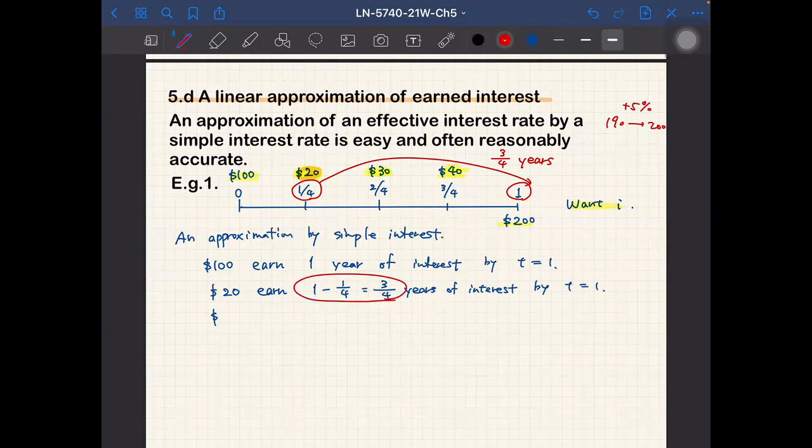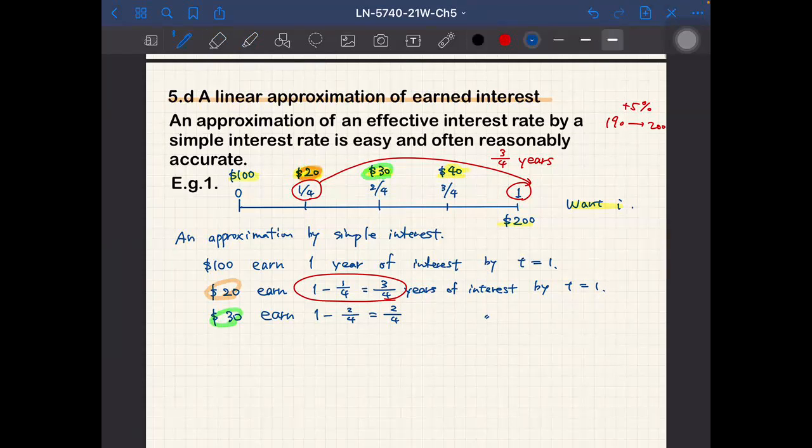And if we understand this, then we can calculate the other amounts. This $30 earns 1/2 year of interest, or 1 minus 2/4, so 2/4 years of interest by time 1.